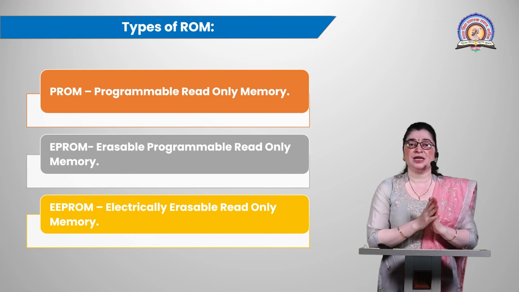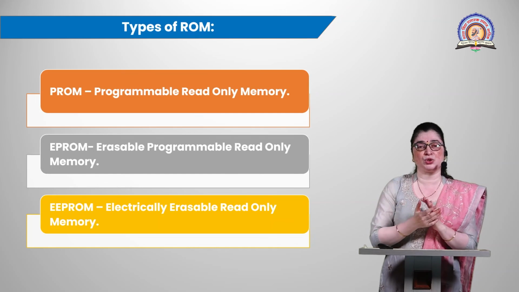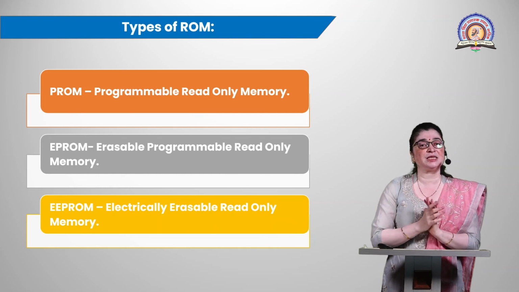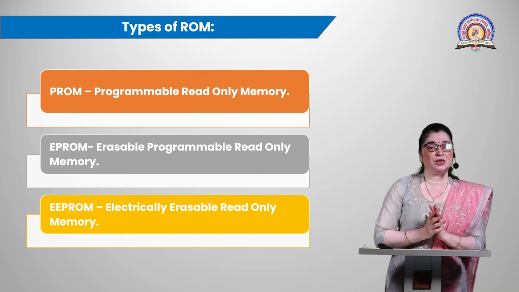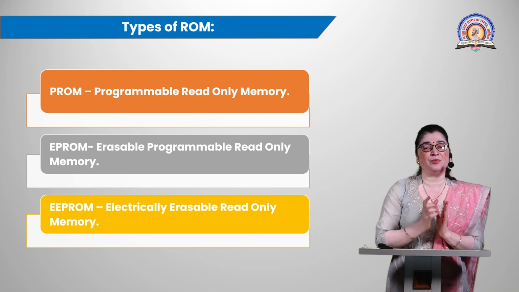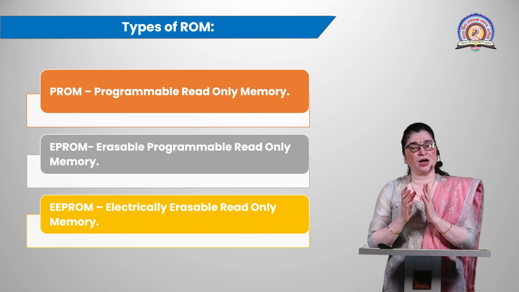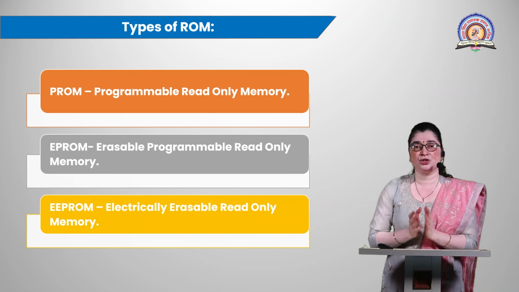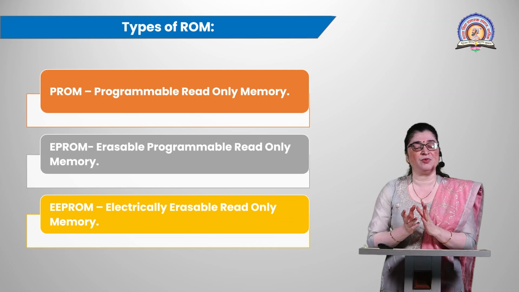EPROM means erasable programmable read only memory. Whatever programs are stored on the ROM, you can erase that program, you can remove that program. But for this purpose, you have to keep that memory chip in ultraviolet rays. Depending upon the amount of data to be erased, the time may vary.